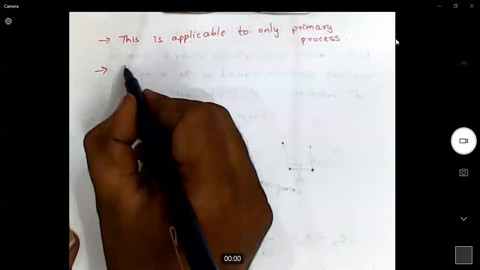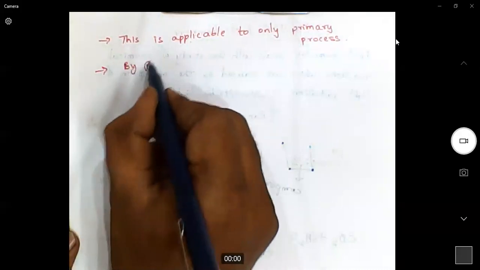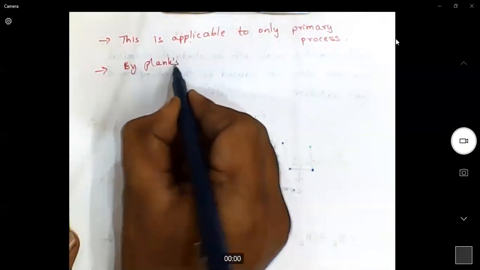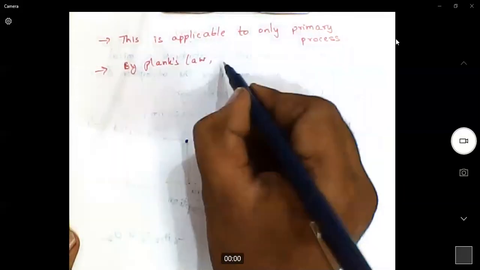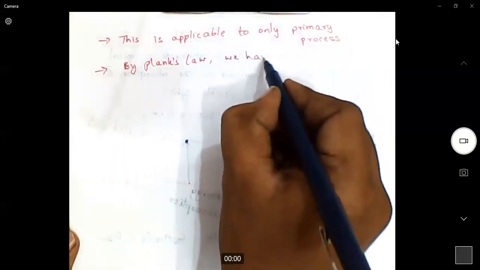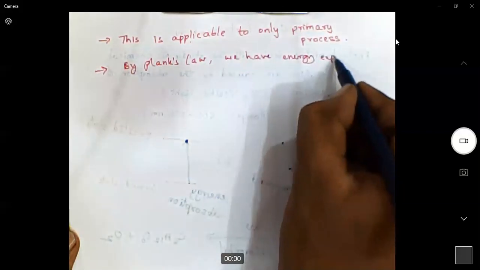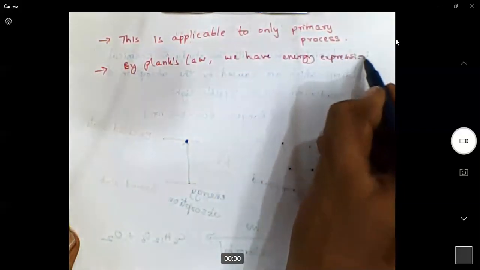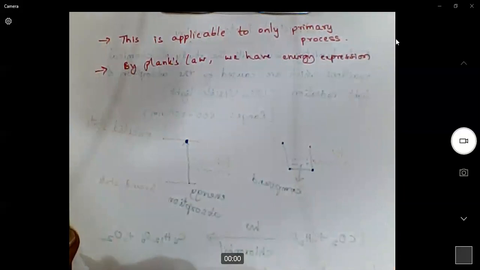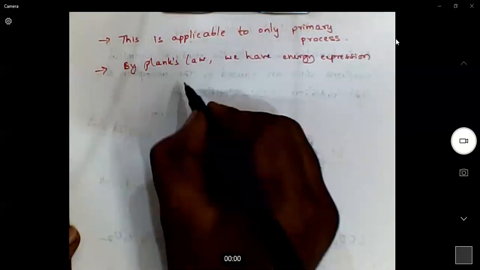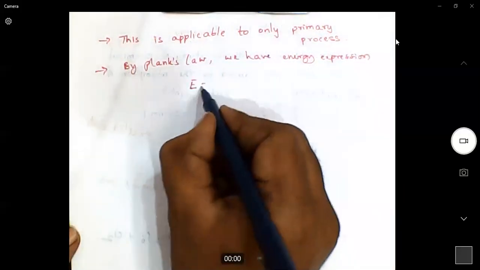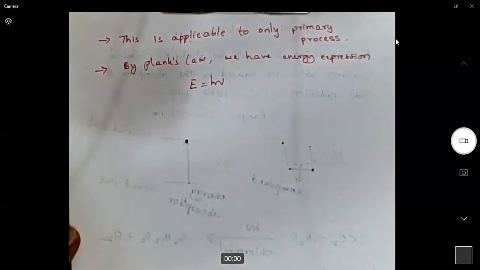Of course, by Planck's law, we have the energy expression. What is Planck's law? E is equal to h nu.